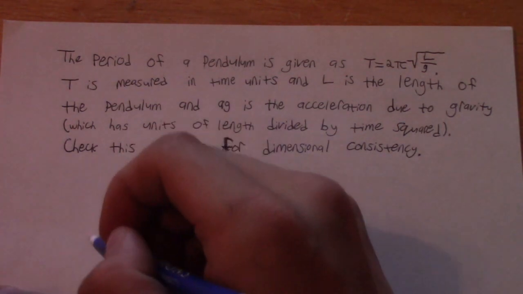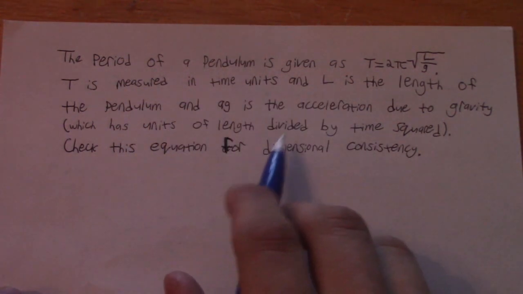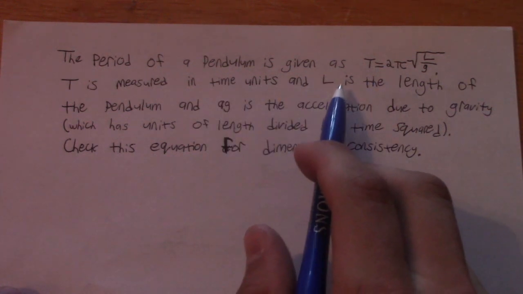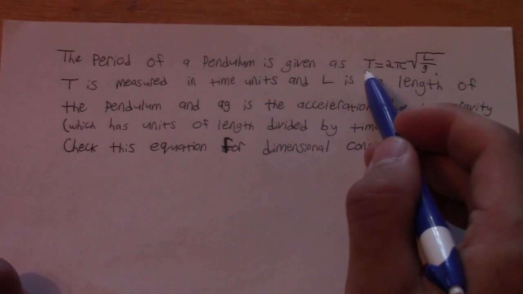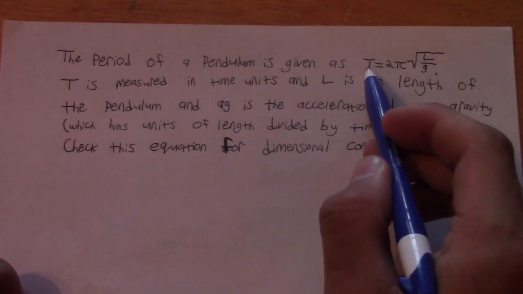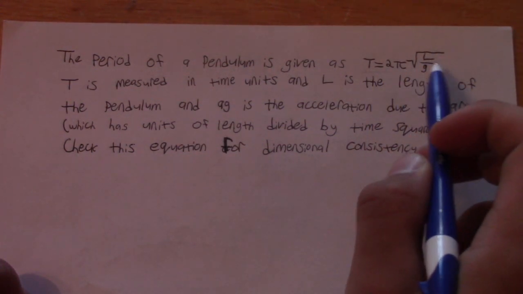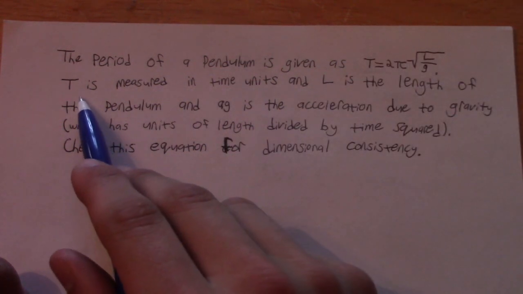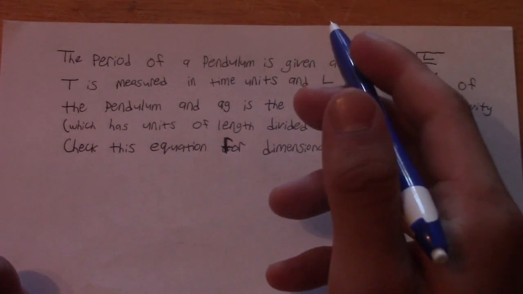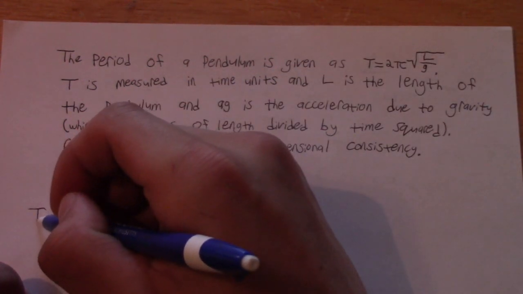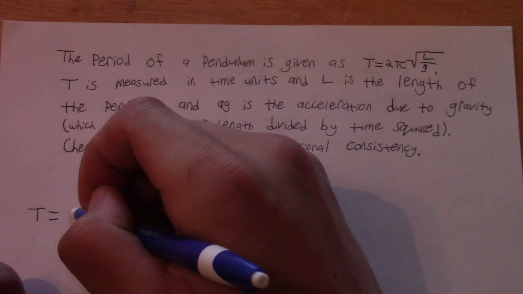So let's start by finding the important information in the problem, which is how I always like to begin my problems so I don't make any stupid mistakes. So right here's our equation, T equals 2 pi square root of L over g. We have T is measured in time units, and if you know your SI units, time is seconds. So over on the side we can just write T equals s.